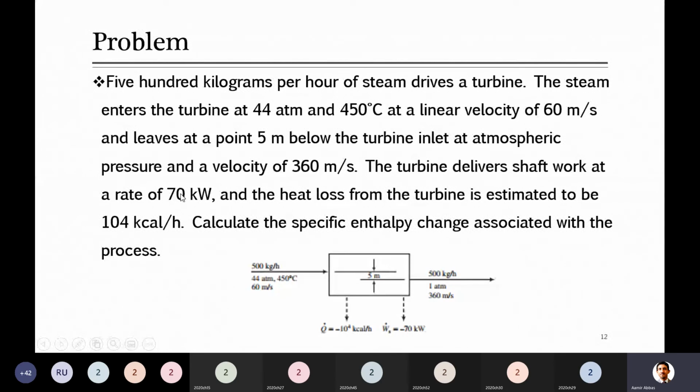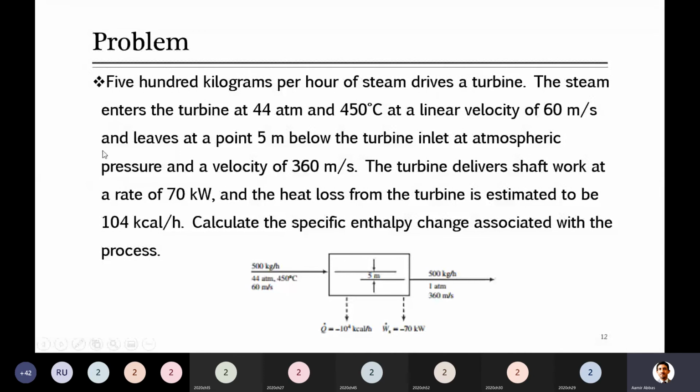As I told you, in power plants there are turbines and they are connected to the generators. So in order to move that generator, the turbine actually pushes that generator. It means the turbine is working. This, which is our system at the moment, the turbine, works on the surrounding, because another equipment which we call the generator is connected with the turbine, and that is the surrounding of the turbine.